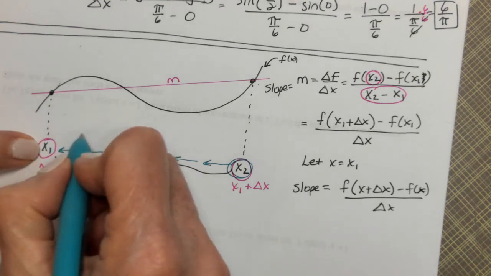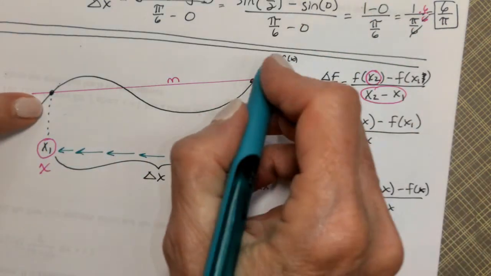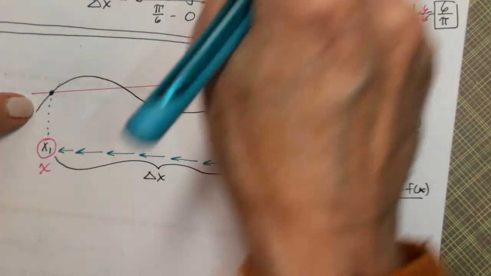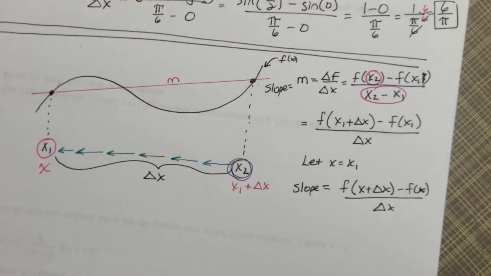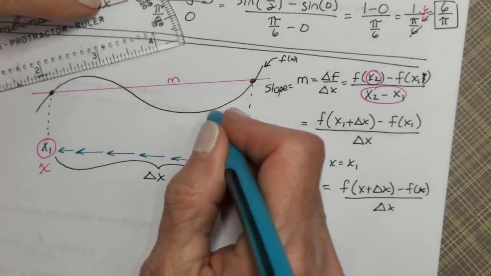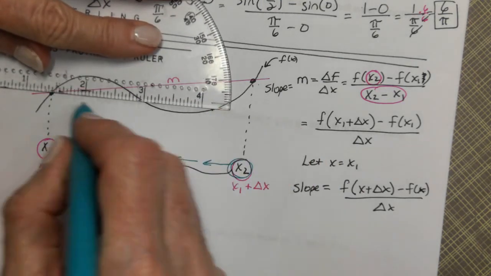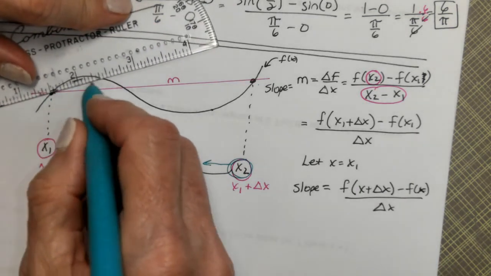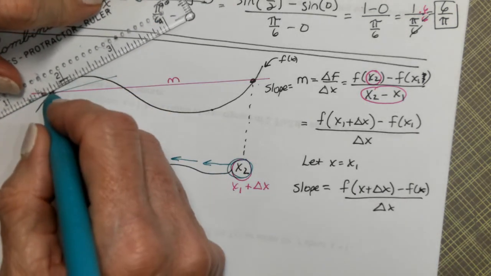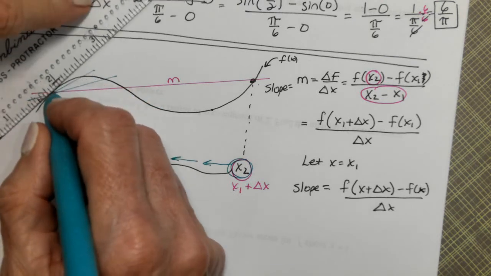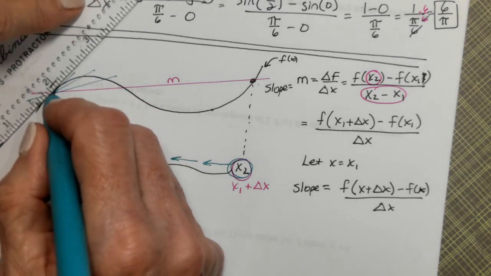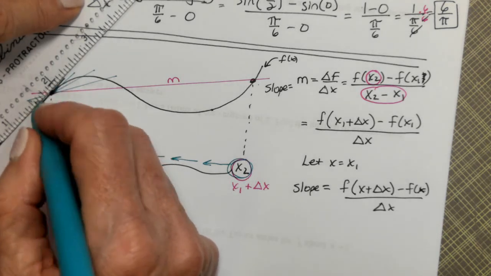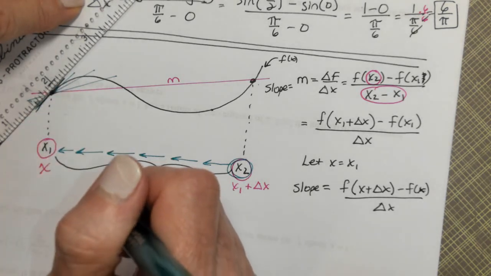As we move it closer and closer, the slope of the line, here the slope would look like that, right? As it moves closer and closer, we get closer and closer to the slope of that tangent line right there, right?